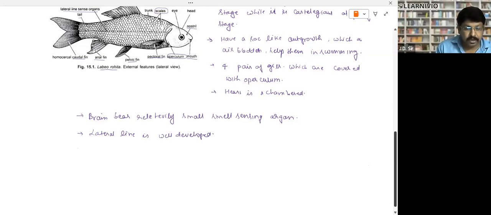They also have the internal ear to maintain balance.